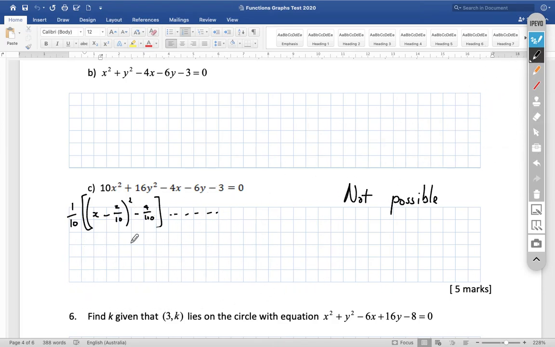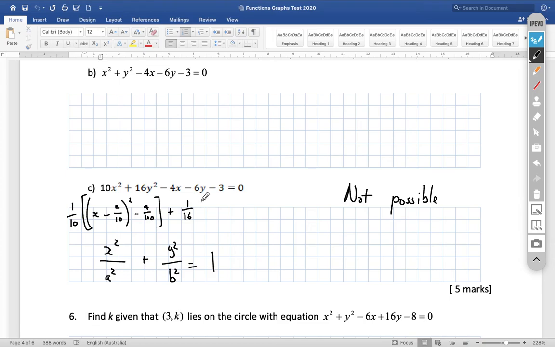I know this one: x squared on a squared plus y squared on b squared equaling 1. What's going to happen here is it's going to fit that pattern. I'd have to do a bit of work to rearrange it to equal 1, but it would be possible. I could have some x squared divided by 10 to begin with.